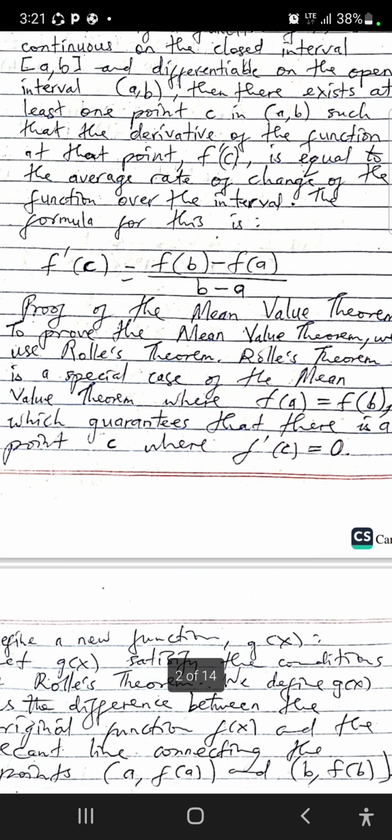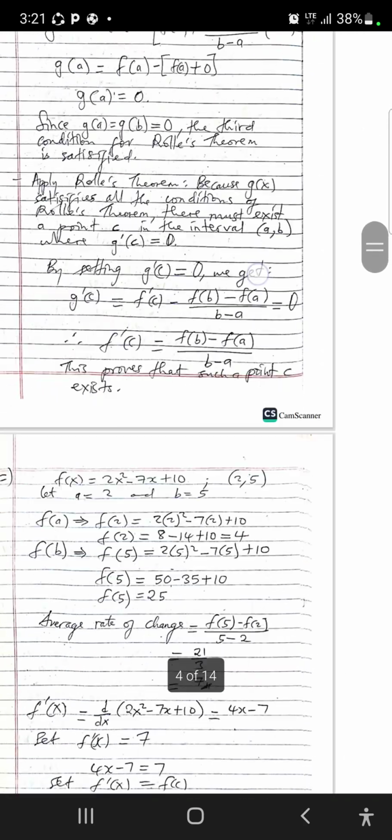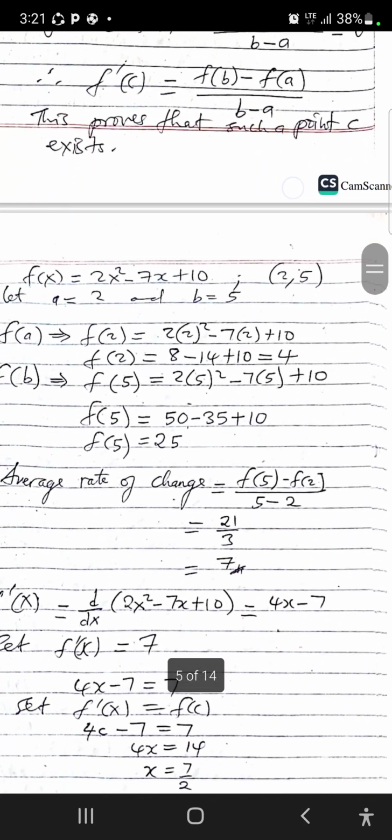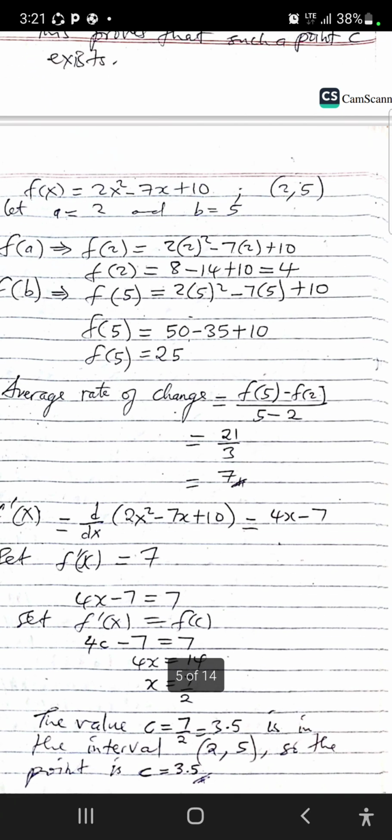If you do that correctly, so check here, our solution. I've stated properly here that we have got the function which is f of x equals 2x squared minus 7x plus 10. What do we have? We have got 2, 5.